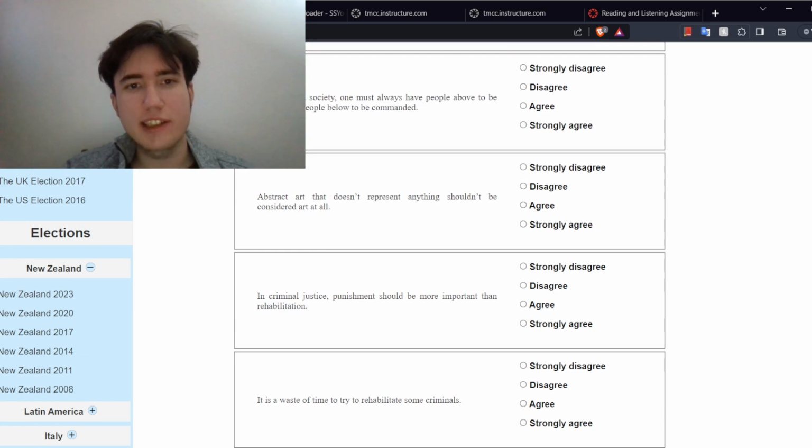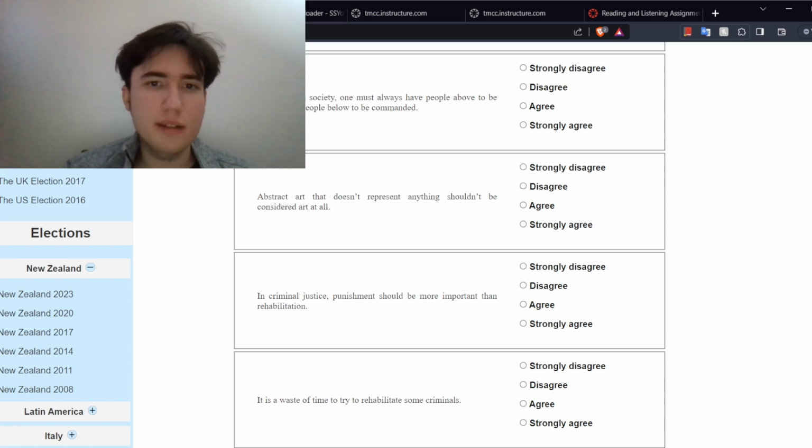In a civilized society, one must always have people above to be obeyed and people below to be commanded. That's an interesting question, because I've looked a little bit into the whole anarchist method of flattened hierarchies, and that applies to army and defense as well as to civic life.